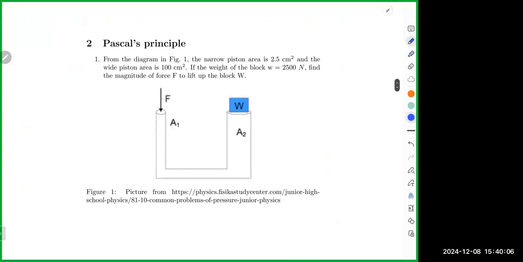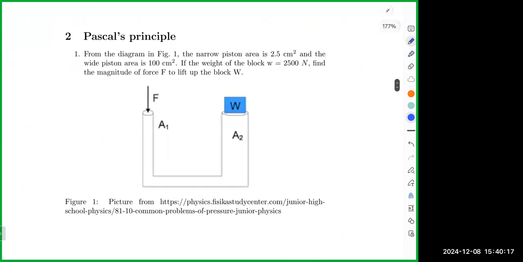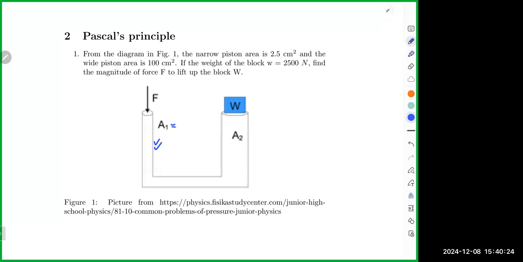Okay. For the Pascal principle, it's about the hydraulic, and you will be clear in the application right here. From the diagram in figure 1, the narrow piston has an area of about 2.5 centimeter square. However, the wide piston area is 100 centimeter square.